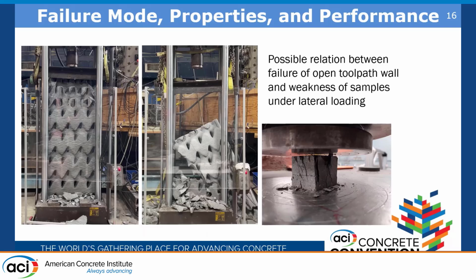The gyroid shape in and of itself can distribute loading in a non-standard way, which will lead to the lateral loading that we saw. And the fact that lateral loading has shown a weakness in our open cube samples can lead to additional weakness and failure in the way that we saw from our full gyroid wall as shown.